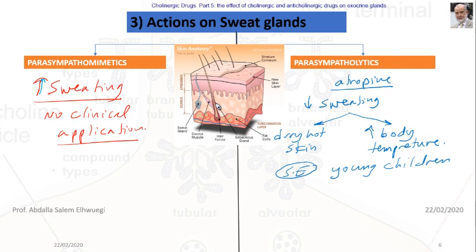Okay, so atropine-like drugs inhibit sweating, and they can produce very dry hot skin, and they can increase body temperature. So these are the effects of cholinomimetics and parasympatholytics on sweating, which always, as we have said, are side effects and have no clinical application.